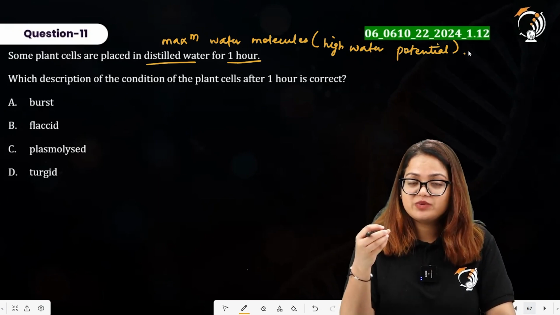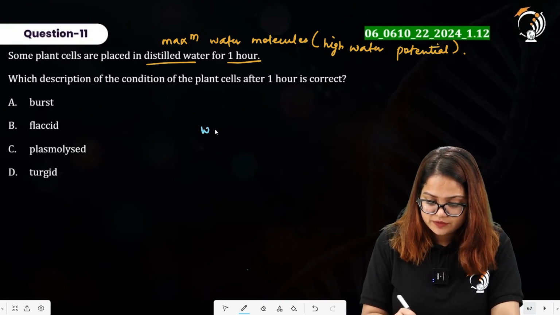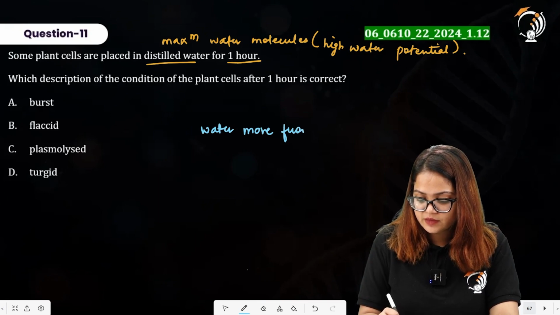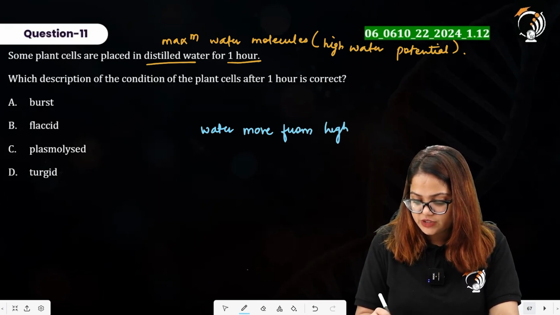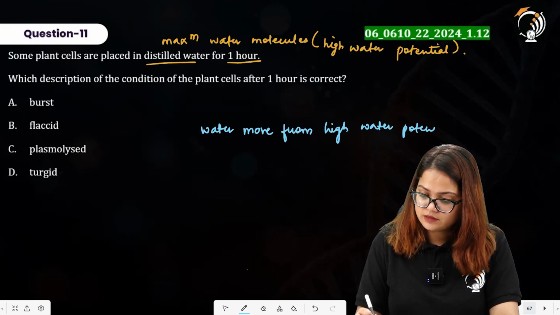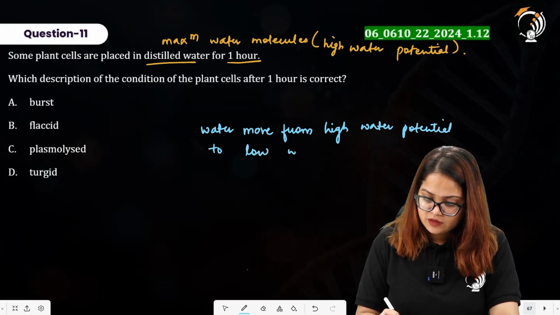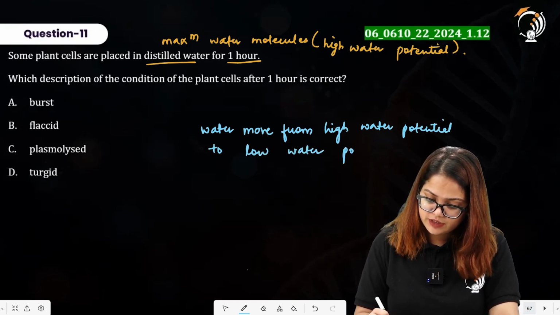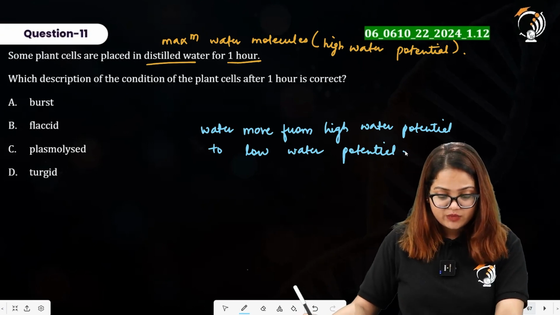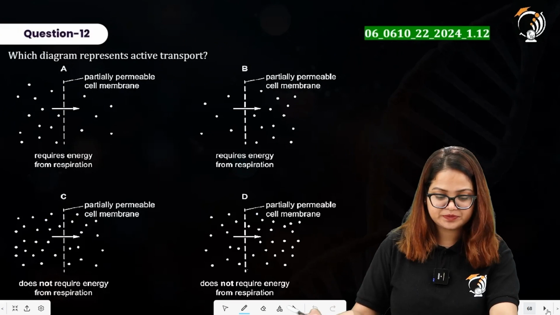Water will move from a region of high water potential to low water potential. The cell will gain water molecules. It will become turgid in nature.